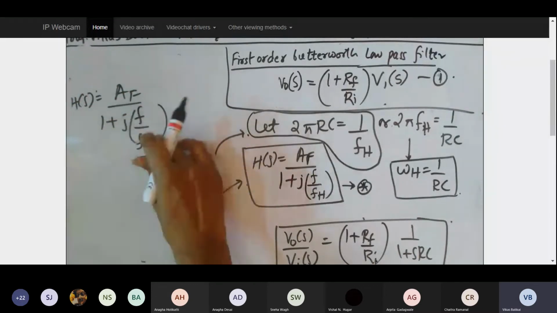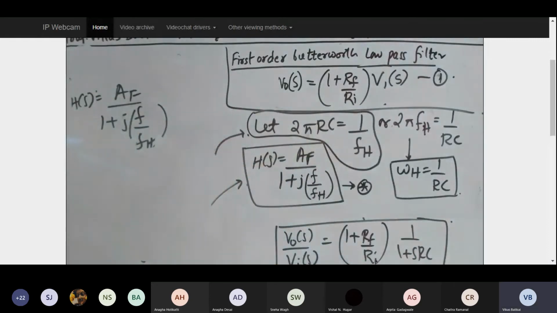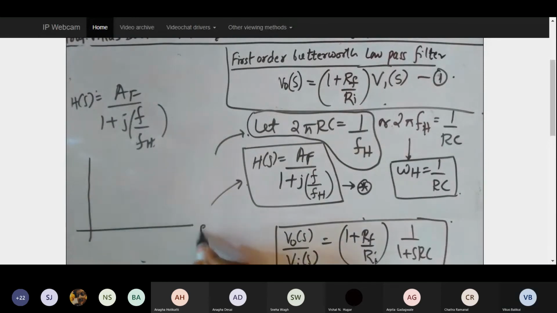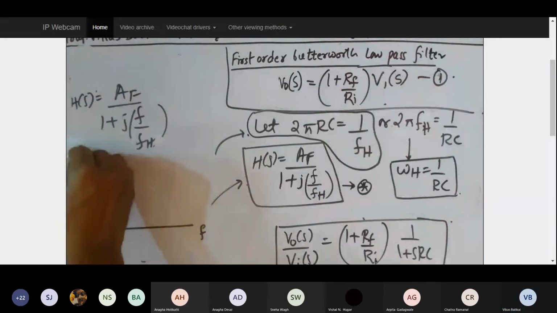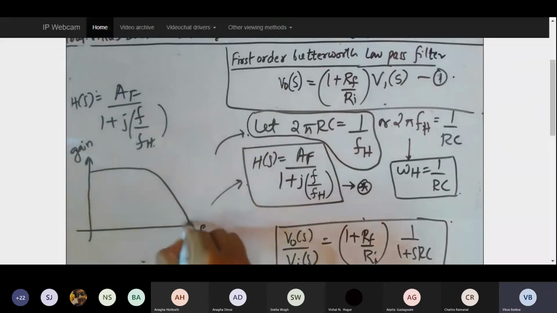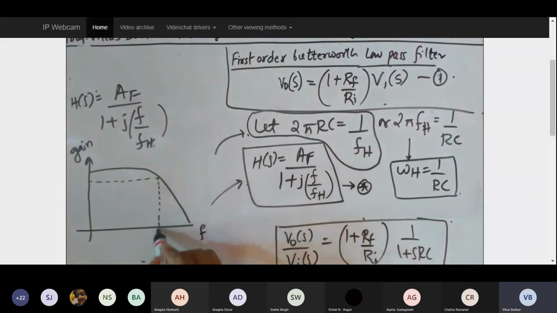F is the frequency of the signal you have applied. FH is the cutoff frequency beyond which the signal won't be passed. If this is the scenario, my graph would look something like this. And this is the point at which the gain starts decreasing.